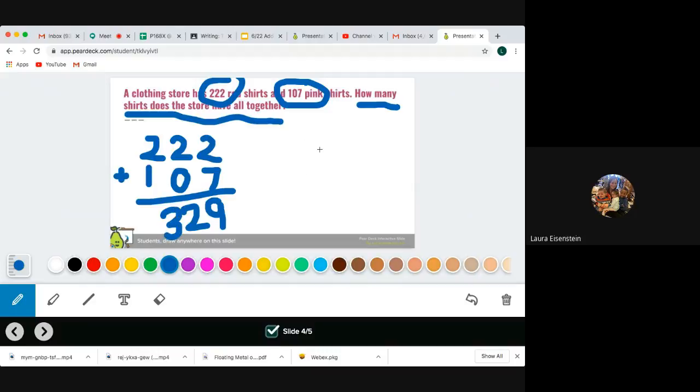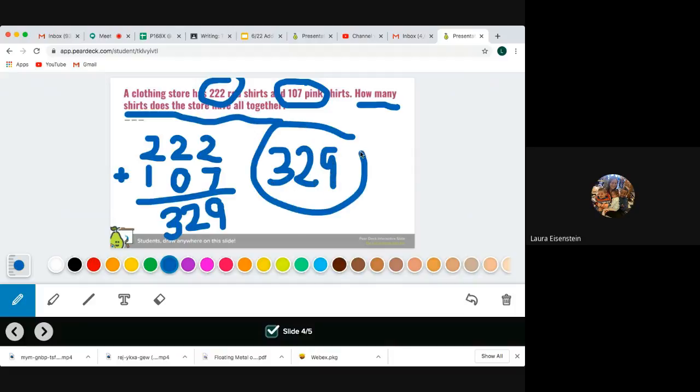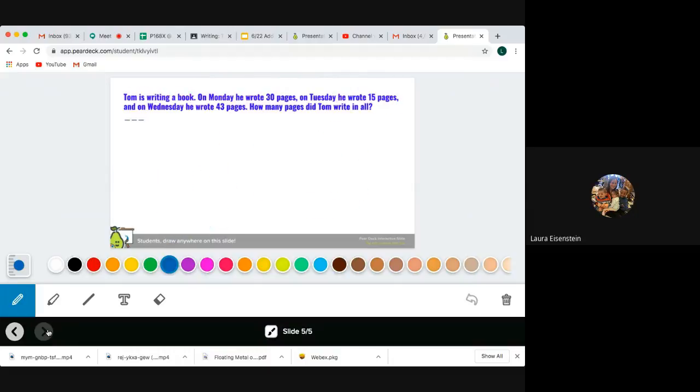So how many shirts do they have in all? They have 329 shirts. That's the answer. All right. Very simple. You just underline, identify the problem so you know what to do, and then add accordingly.